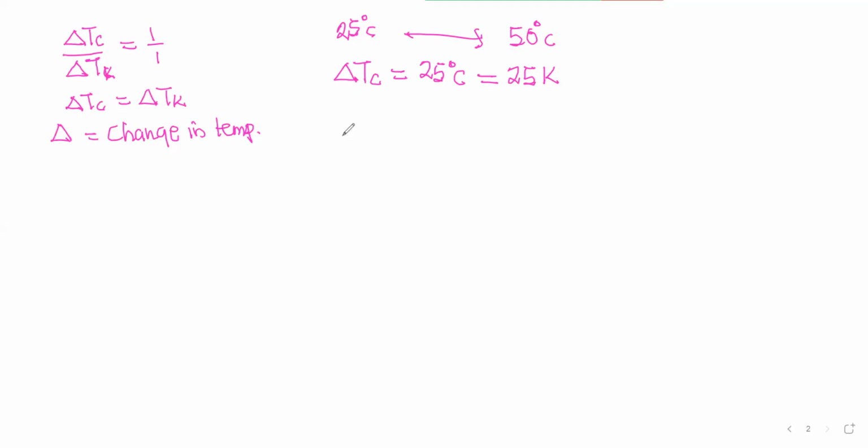Yes, sir. Let's also look at change in temperature on the Celsius and Fahrenheit scale. So lower fixed point 0, or the ice point 0, and then upper fixed point 100.